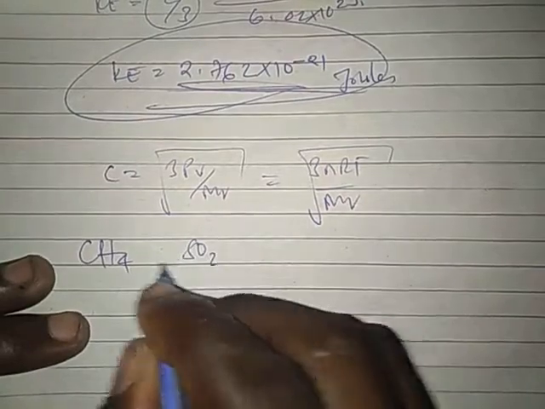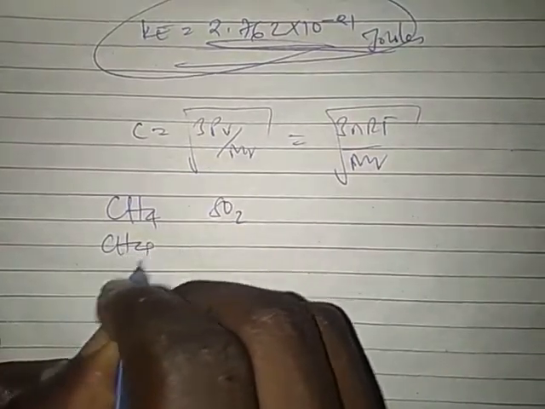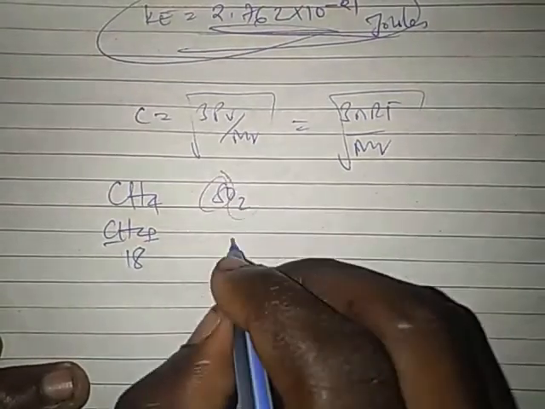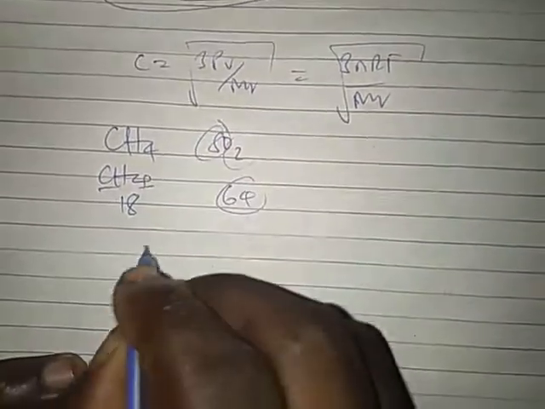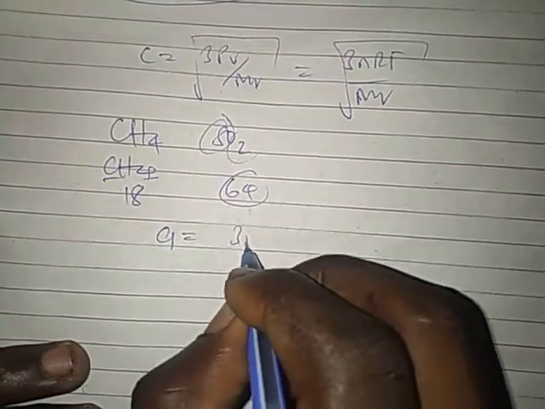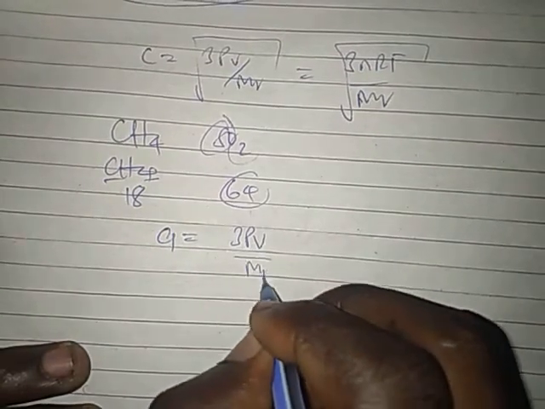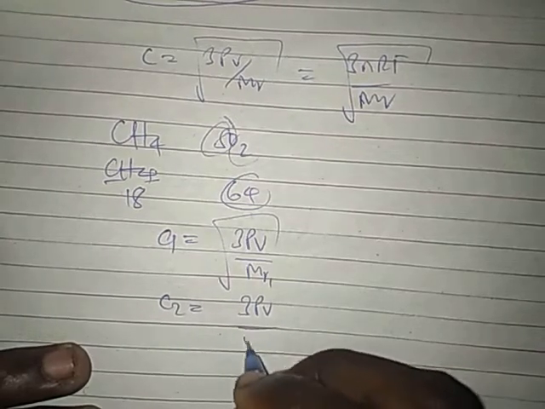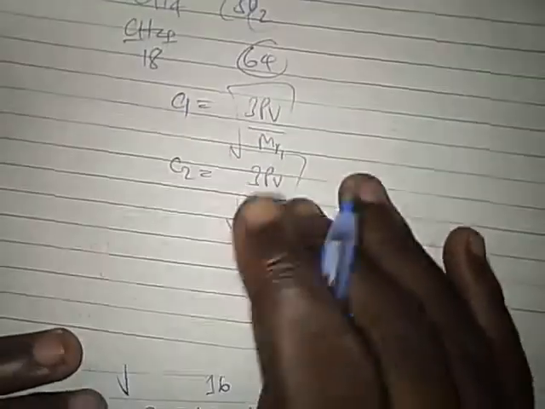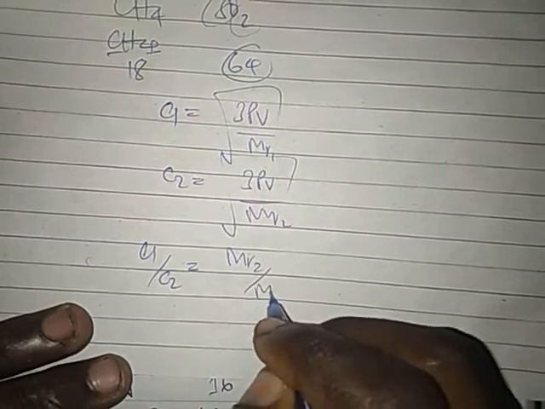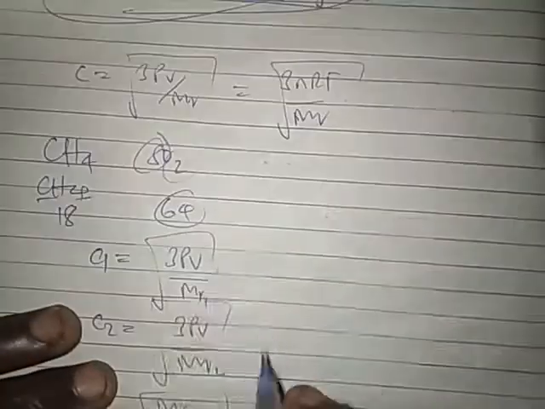So sulfur dioxide. So CH4, 12 jumlisha 4 itakuwa ni 16. 32 jumlisha 32 ni 64. So maana yake tutasema kwamba C1 itakuwa square root of 3PV over molar mass 1, C2 itakuwa square root of 3PV over molar mass 2. So C1 divided by C2 itakuwa sawa na nini? Hapo ukidivide vizuri utapata ni square root of molar mass 2 divided by molar mass 1.